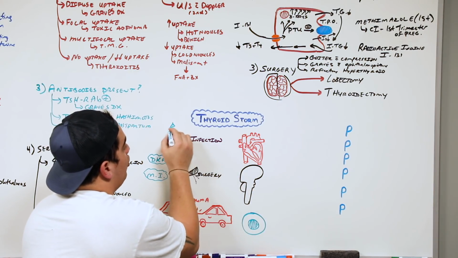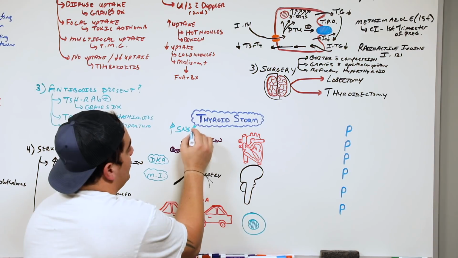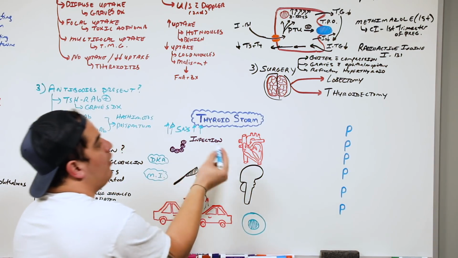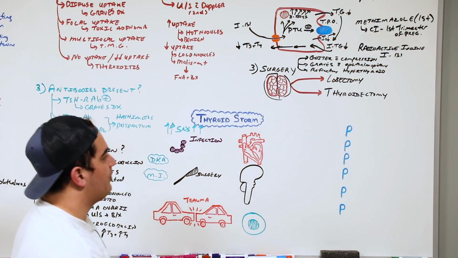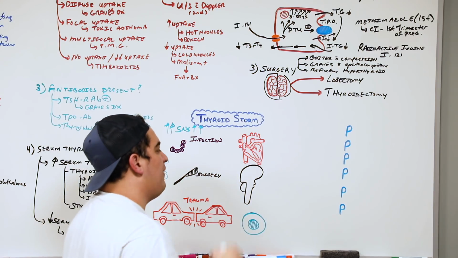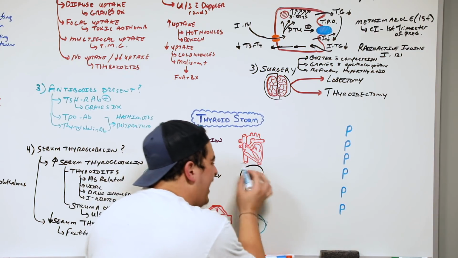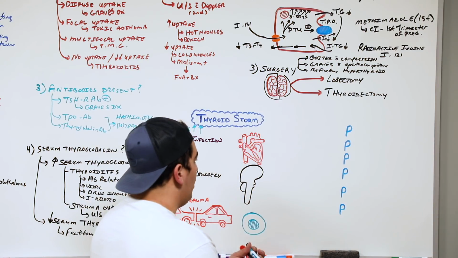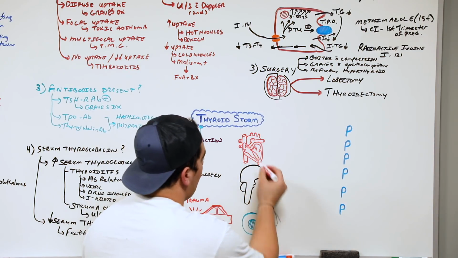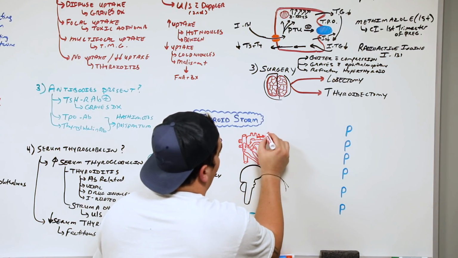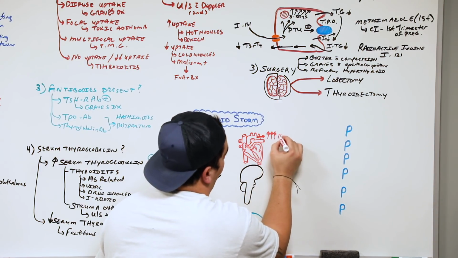It's going to increase the sympathetic nervous system even more than it already is with a person with hyperthyroidism. When that happens and you have this increased sympathetic overdrive, the main organ that I want you to remember that is really affected here is the heart. What it's going to do is it's going to produce some pretty high heart rates.